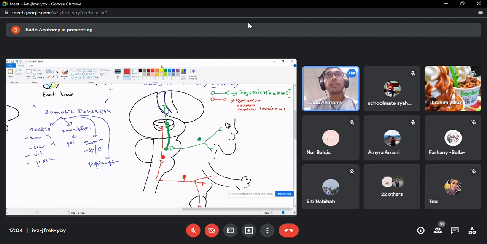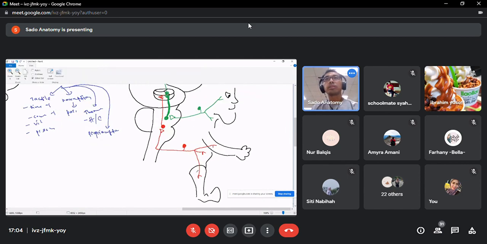The last tract, I made it purple in color. Same thing, this tract is coming from where? Coming from your upper limb, trunk, and lower limb. Again, it enters your spinal cord. But what you can see here, this tract terminates inside your spinal cord.